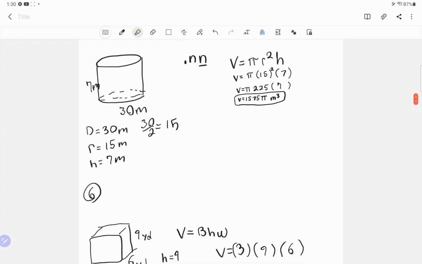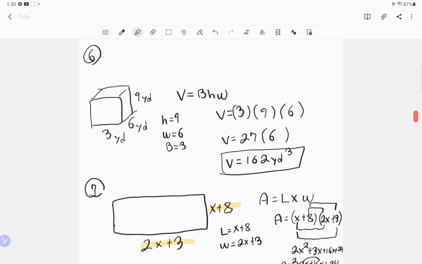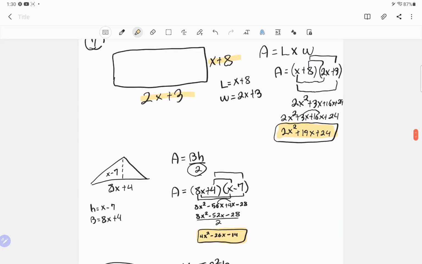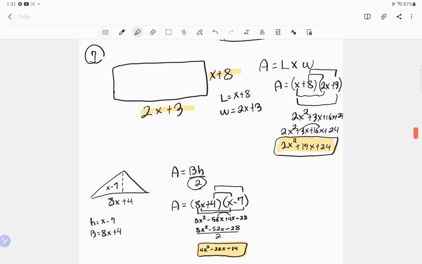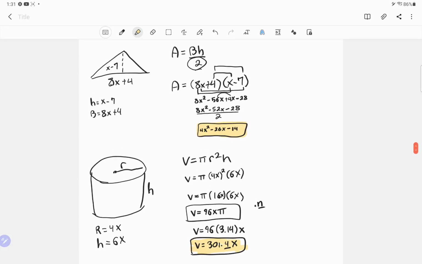Question number 5 is a cylinder. Question number 6 is a prism. Question number 7, we're talking expressions already. Question number 8, expression, but this one's a triangle.